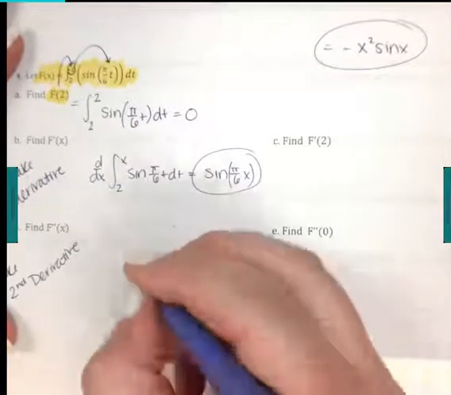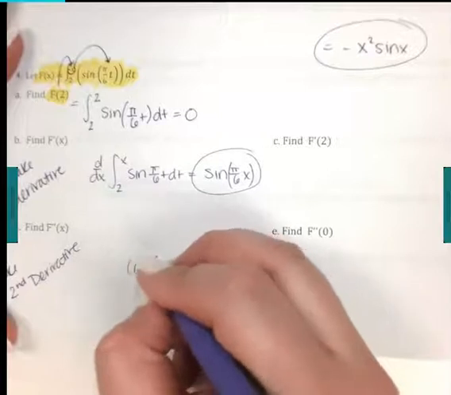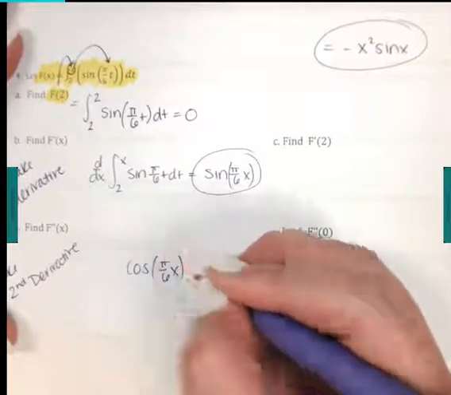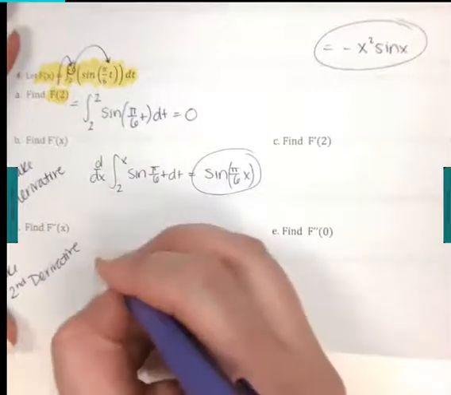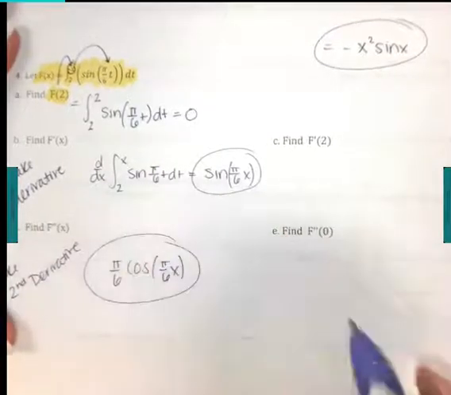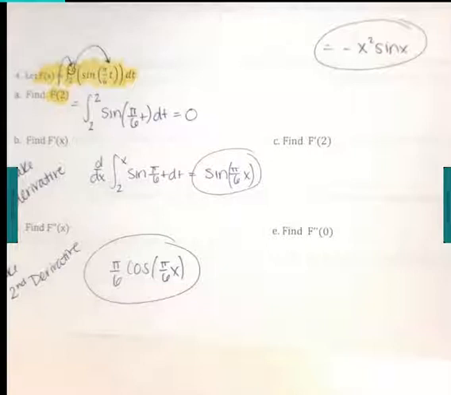Derivative of sine is cosine pi/6 x multiplied by what? Pi/6. Okay? So when I take the derivative the first time, it just cancels out with the integral and leaves the equation the same. Then when I take the derivative the second time, I'm actually taking a real derivative.